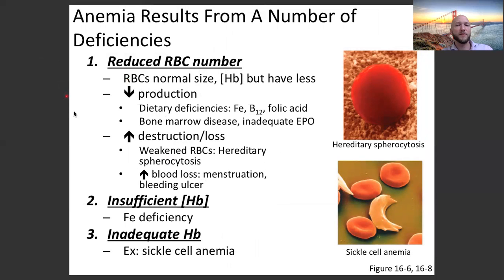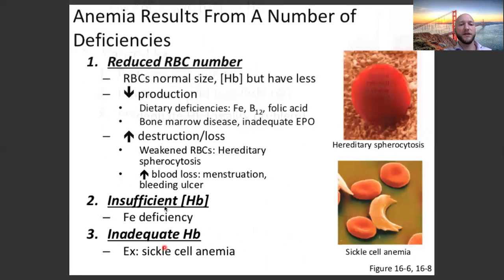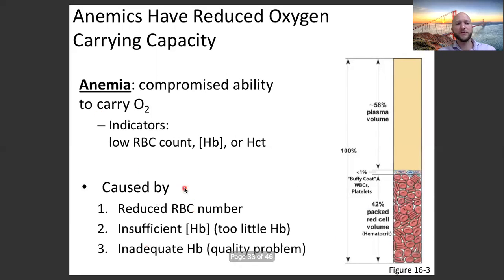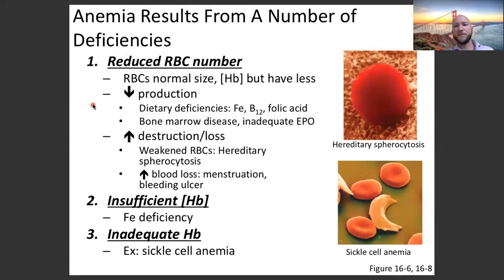Anemias result from a number of deficiencies. So there's a number of different things that can lead to low red blood cell number, insufficient hemoglobin concentration, or inadequate hemoglobin quality. So when it comes to reduced red cell number, think about where red cells come from. They're produced at a certain rate.